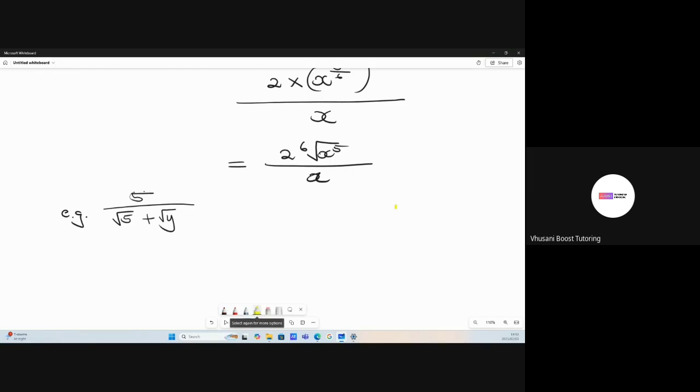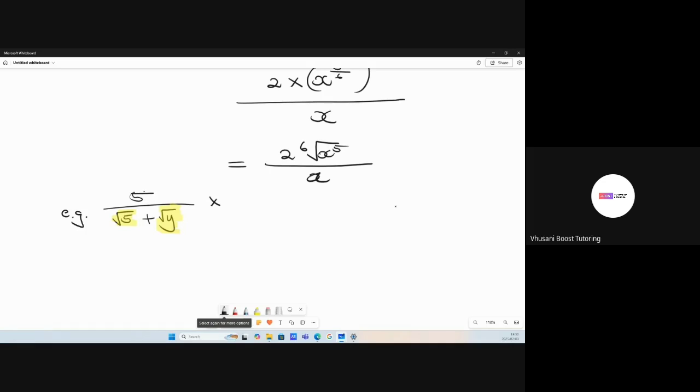But remember, just stick to what I told you. Don't get confused by what they're trying to do over here, right? They're just trying to confuse you, but do not get confused. What happens here is you have 2 terms, and when you have 2 terms, remember, just multiply it by its conjugate. And then eventually, somehow, someway, they will cancel out.